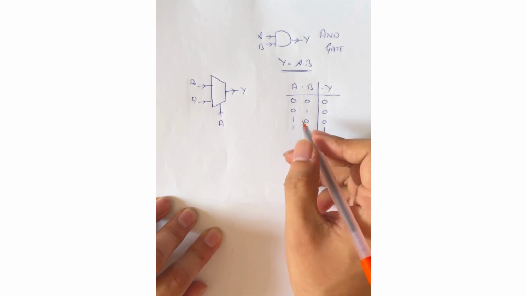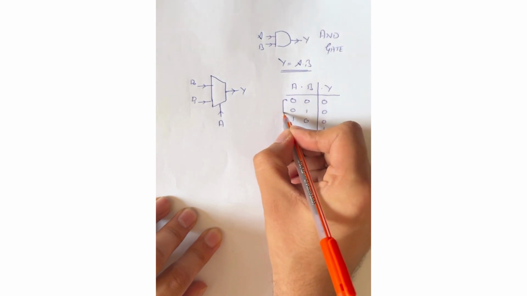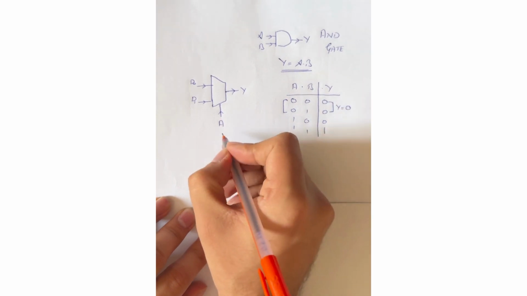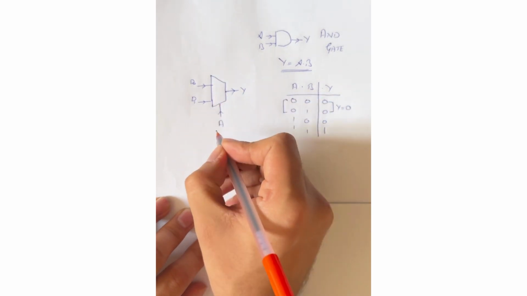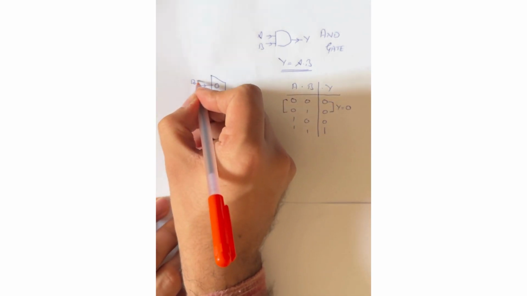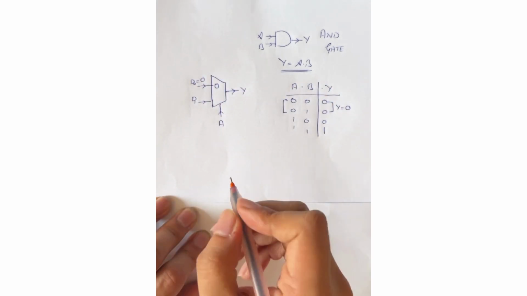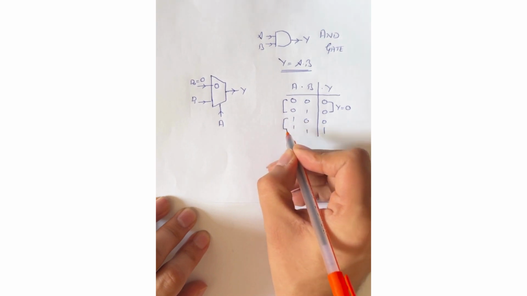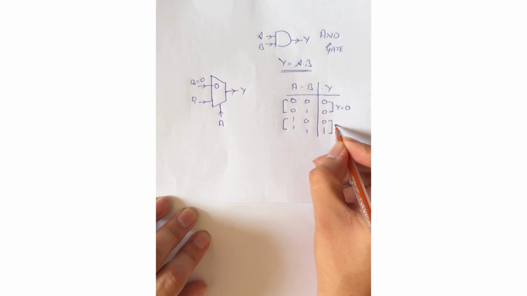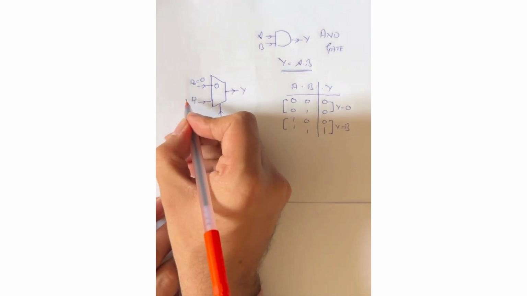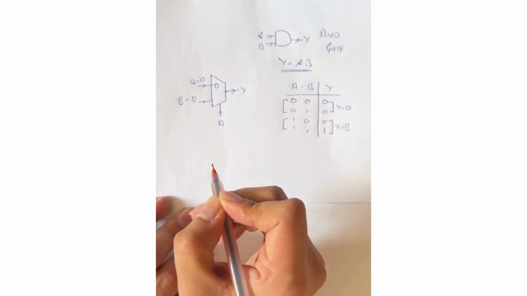Now coming to the truth table, if A is 0, Y is always 0. So in the 2:1 MUX, if the value of A is 0, we can make D0 as 0. And if the value of A is 1, then the output Y depends upon B. So we can make D1 equal to B.